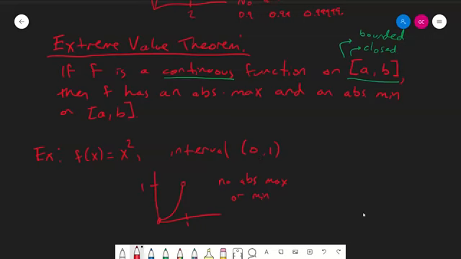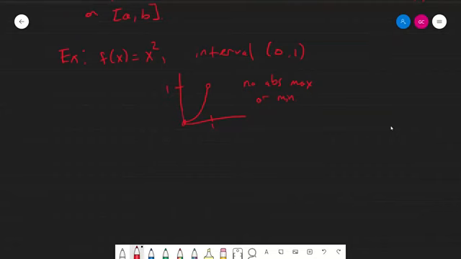Now in general, if you have a continuous function on a closed interval, say here's the interval from a to b, and here's just some random function. The absolute minimum is at this valley down here, and the absolute maximum ends up happening at one of the endpoints.